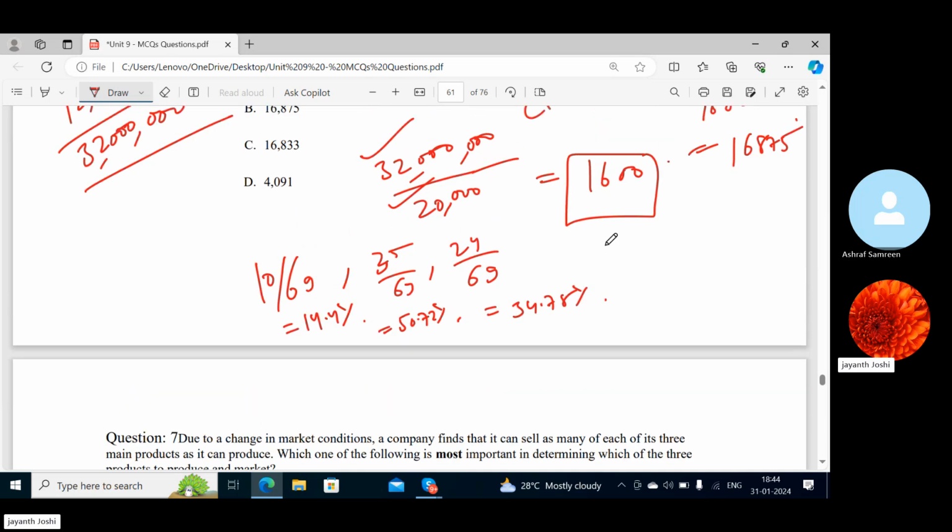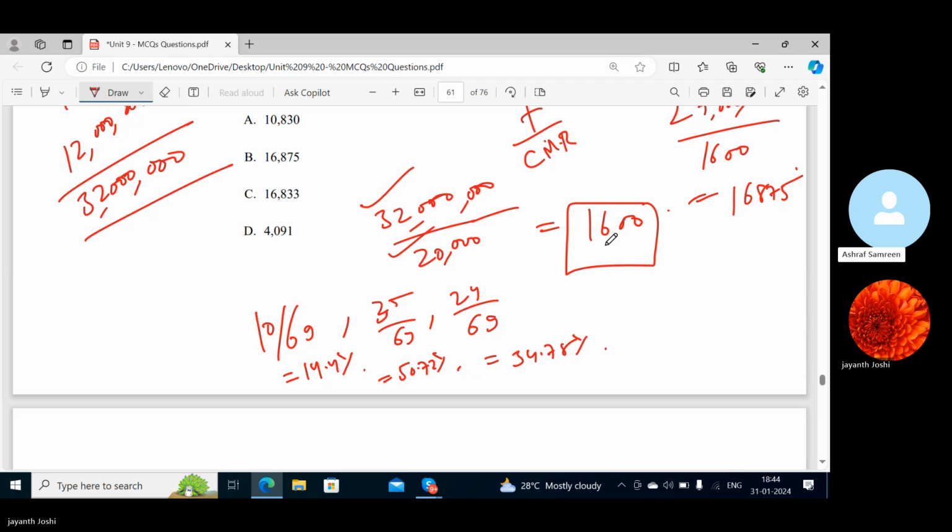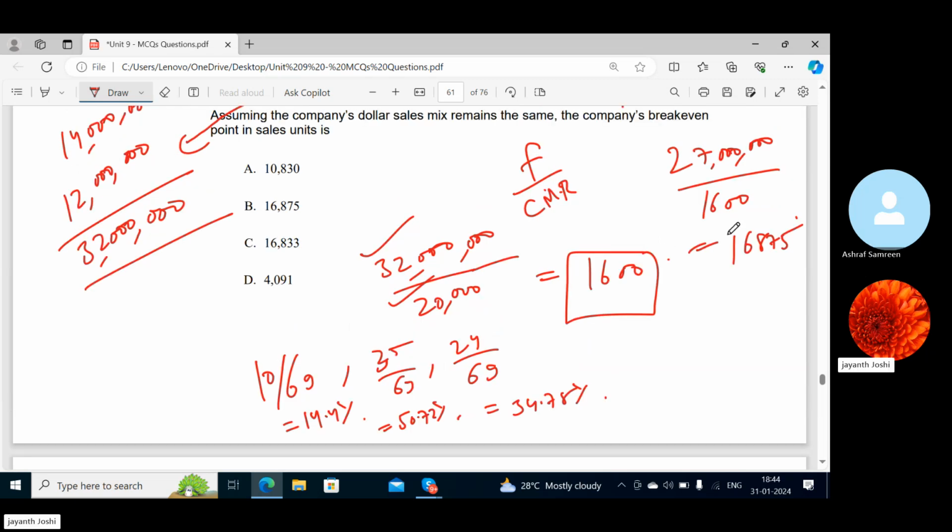Now on the basis of proportion of sales, we've got the proportion of sales, right? So we will take this and multiply with the unit contribution margins to get the contribution margin, which we are going to divide with the fixed cost to get the break-even point in sales. So this is break-even point in units.